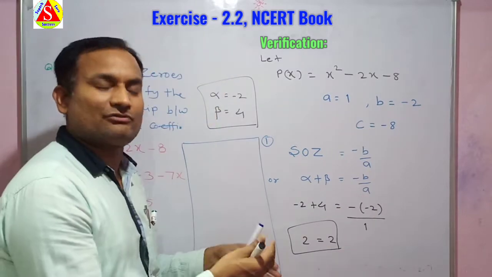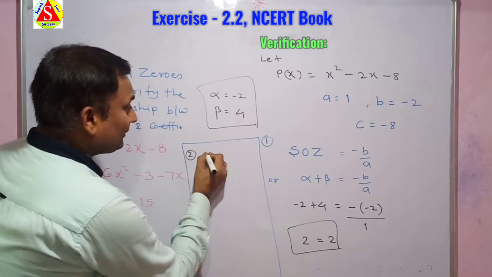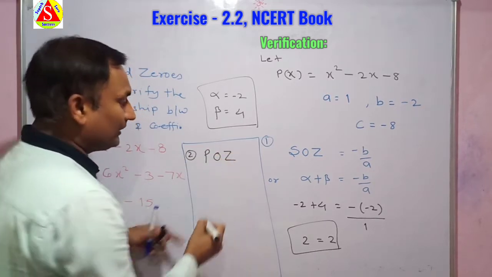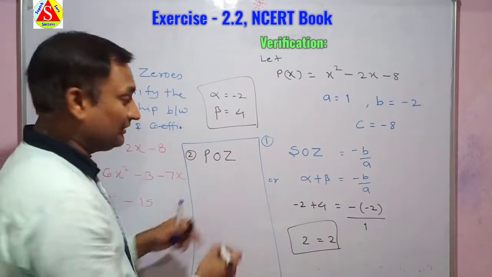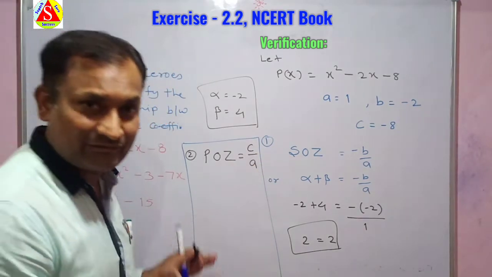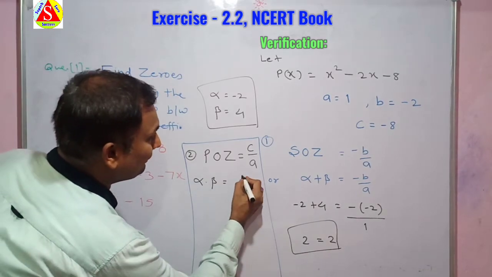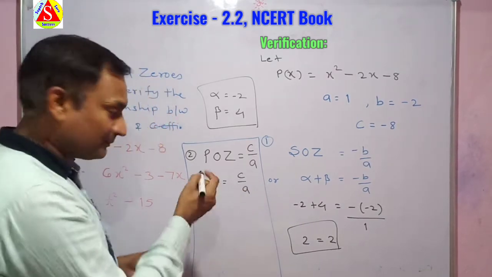Now dear students, we are going to verify the second relation, that is the product of zeros, in short, and it is equal to c by a. Already we have seen this. So here the product of zeros, that is alpha into beta, is equal to c by a. So let's put the value.